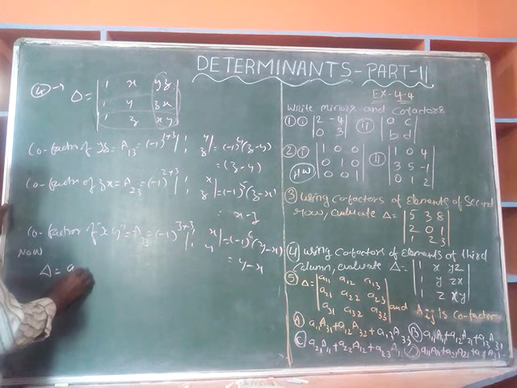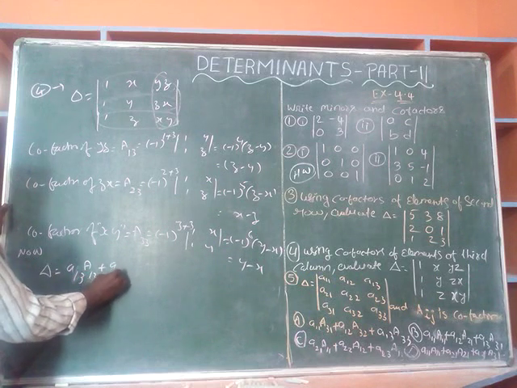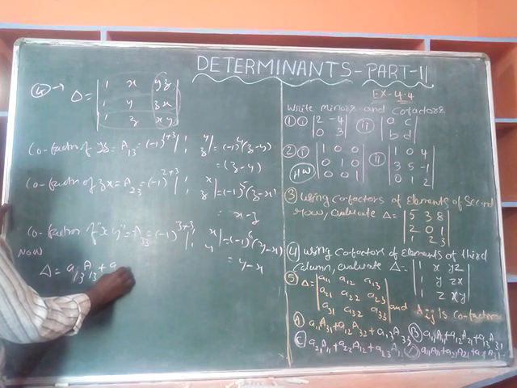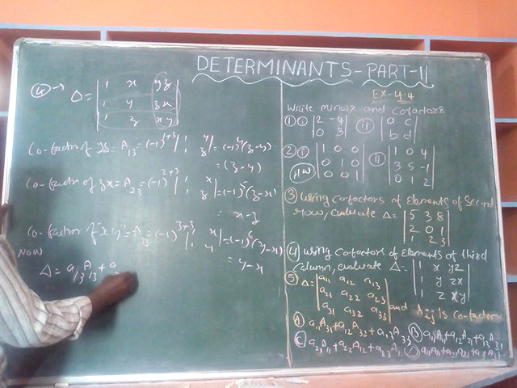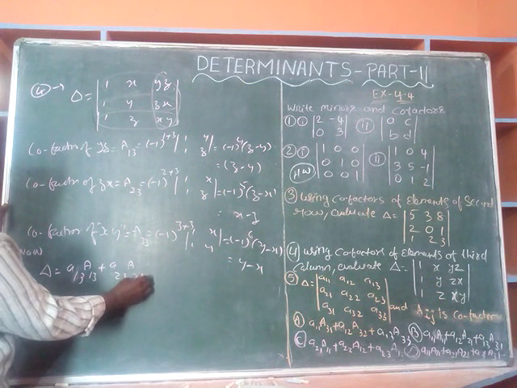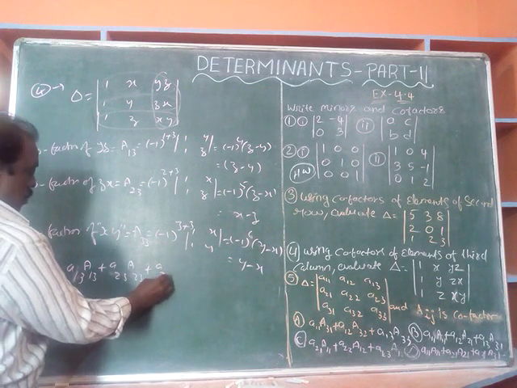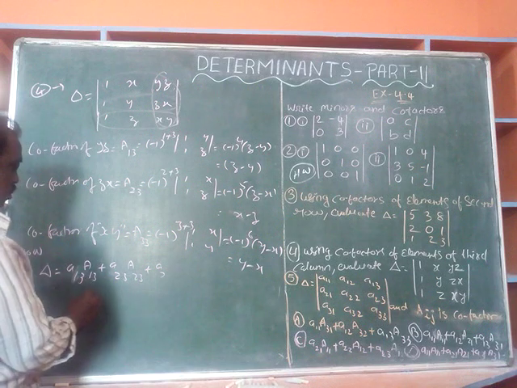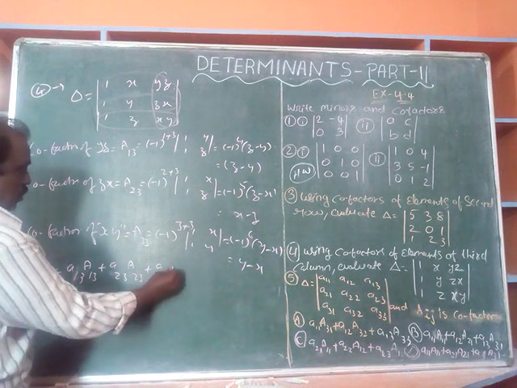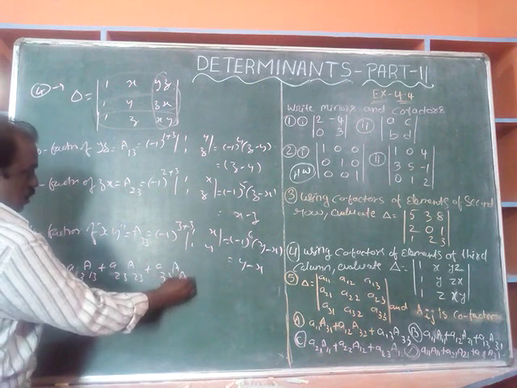Here I am expanding along the third column. So it is a13 capital A13 plus a23 capital A23 plus a33 capital A33.